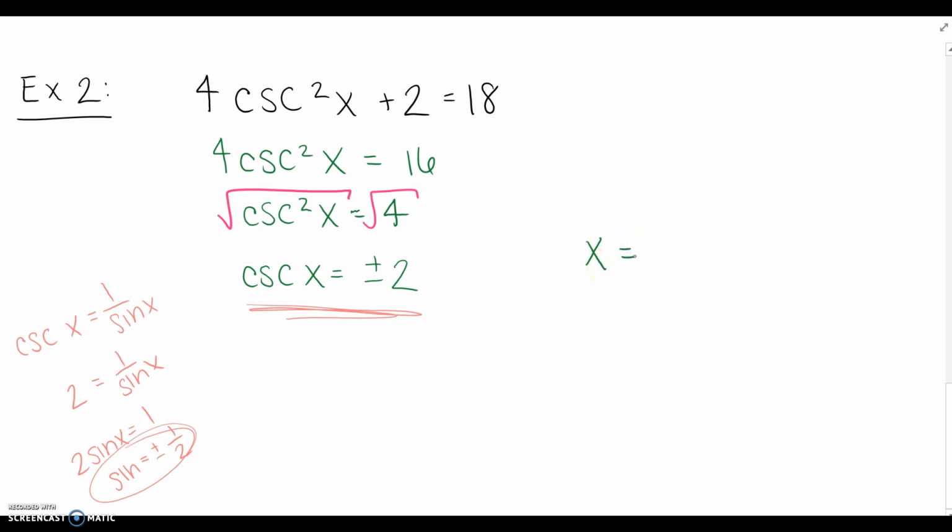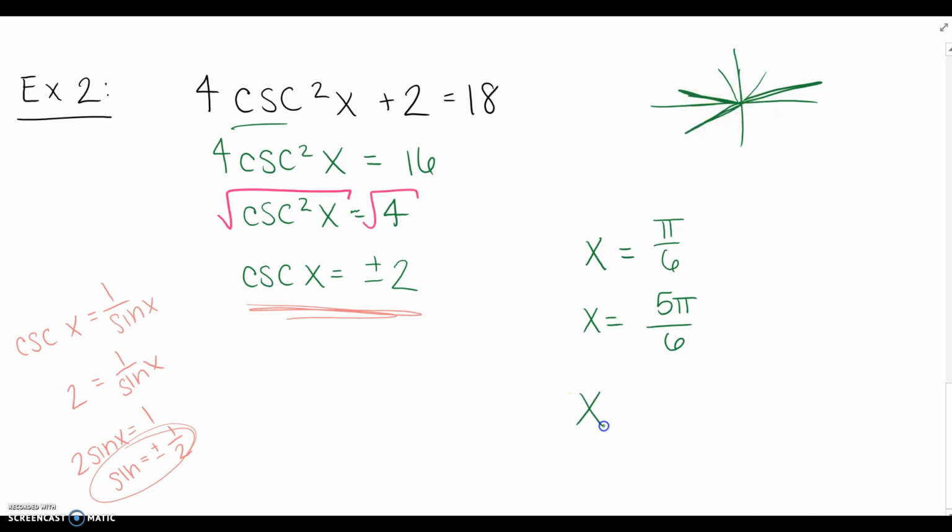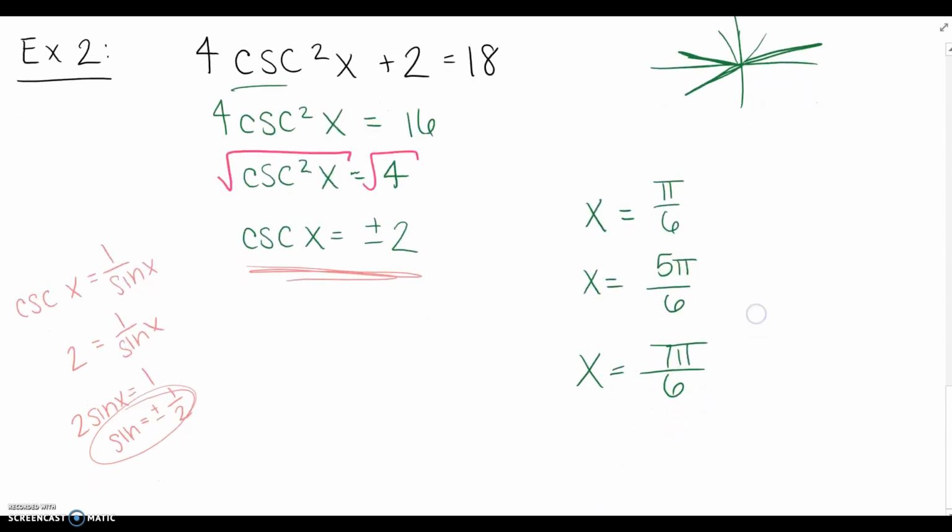Because it's cosecant, the period's 2 pi. Sine is 1/2 at pi over 6. Sine is 1/2 at 5 pi over 6. In my head I'm just going, here is when y is 1/2, and then on the other side it'll be negative, and then 11 pi over 6.